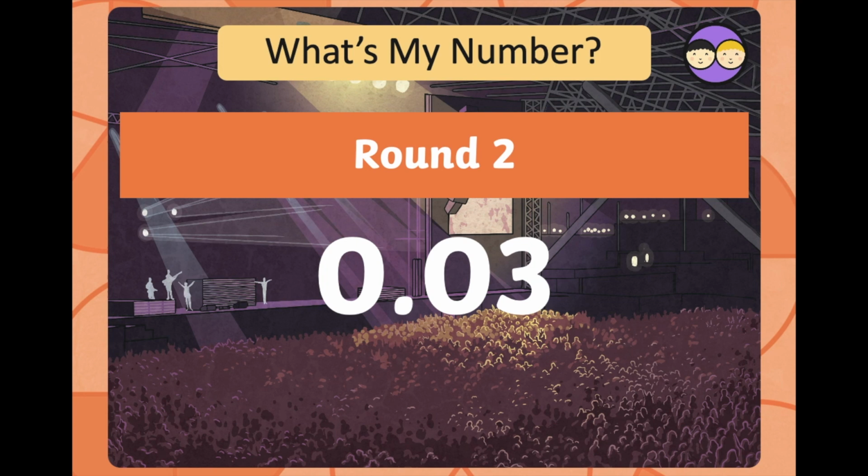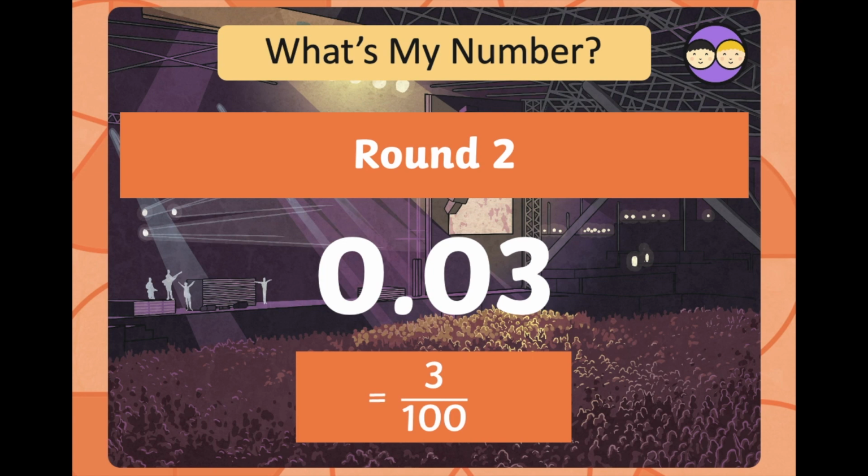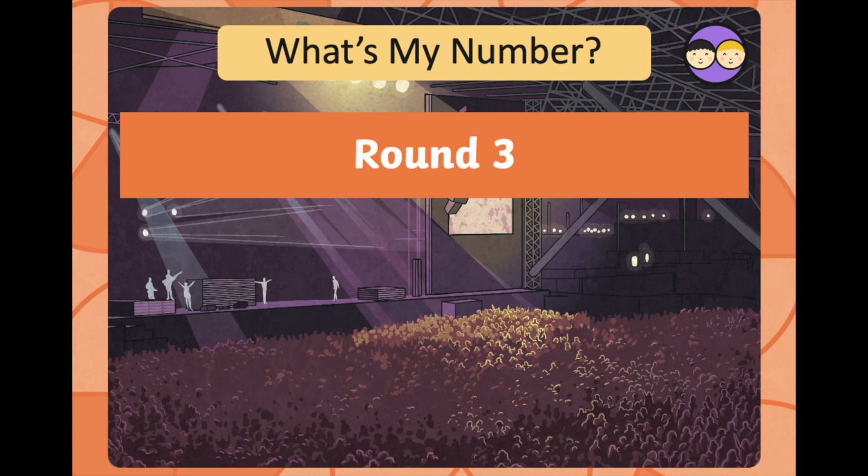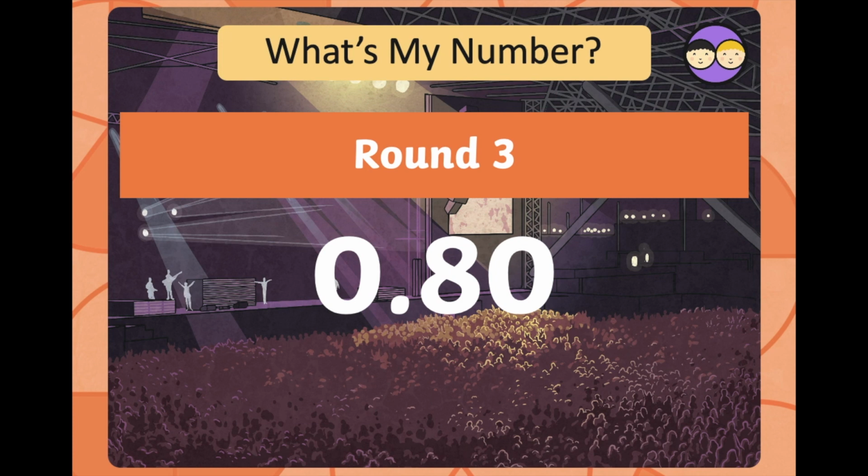And time's up. Well done if the other person wrote down 3 over 100. Swap roles. Round 3. Off you go.